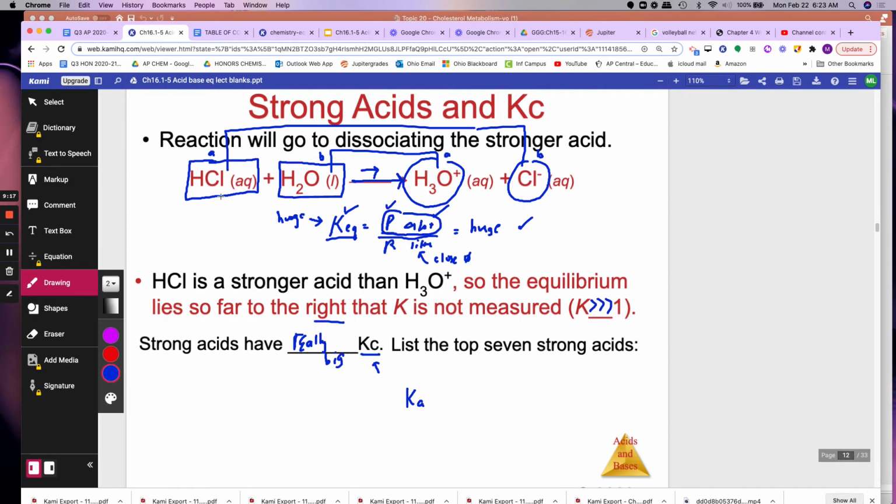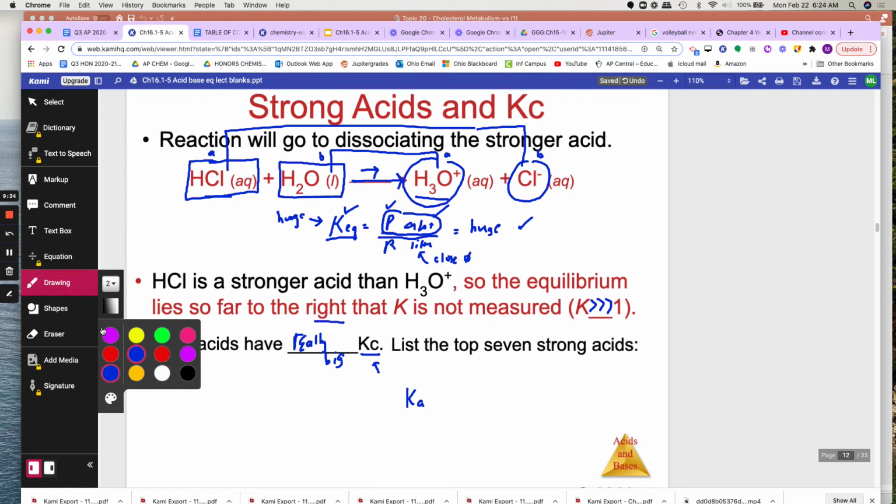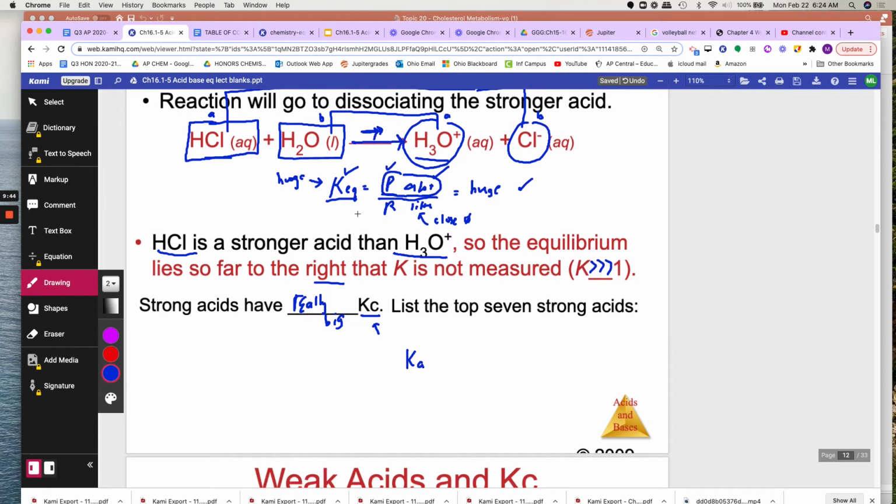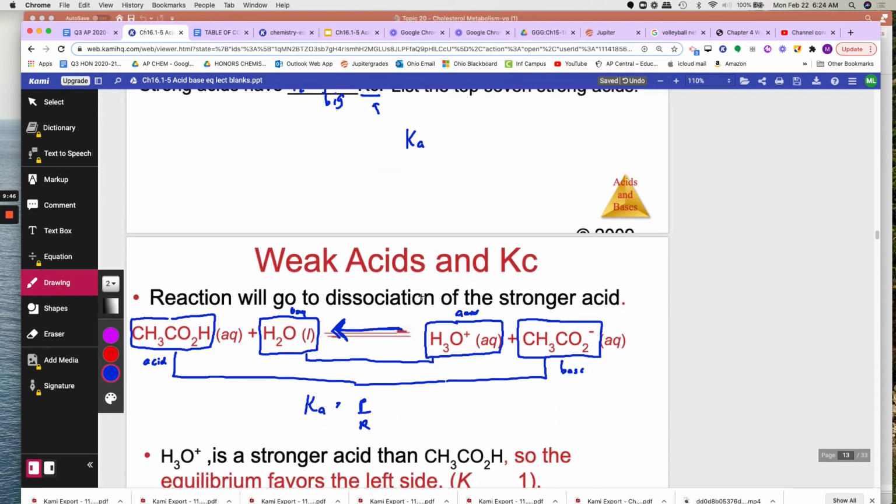So again, HCl is a stronger acid than H3O plus, which means this will go to the right, which means Kc, or K equilibrium, is very big.